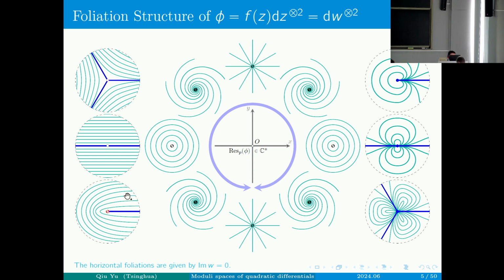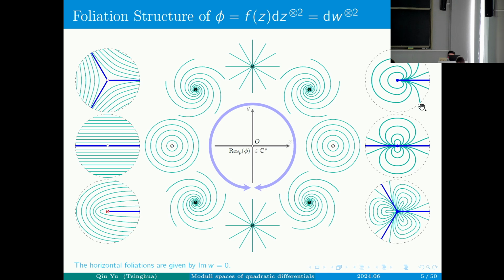On the left-hand side, we have the foliation structure around a simple zero, so order 1 zero, then this is a normal point, and this is a simple pole. You can see the pattern is that you just glue many copies of the upper half plane at the origin. So this is a finite singularity.